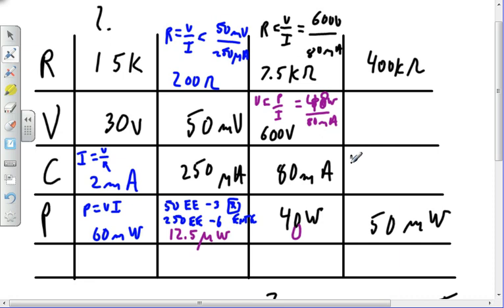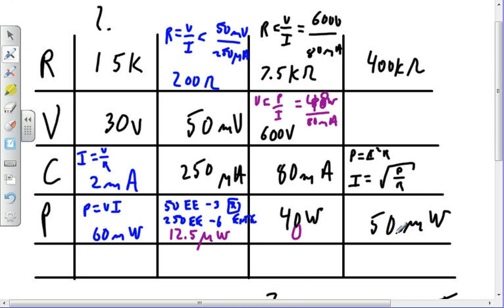I know that power is I squared R. So current is going to be the square root of power divided by resistance. Okay, so that's what I'm going to do. I'm going to take my power. Well, actually, I'm going to put the square root in first.